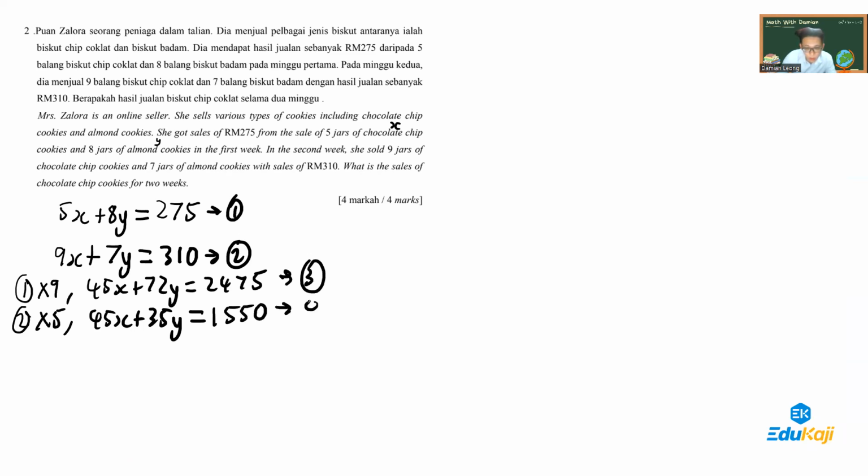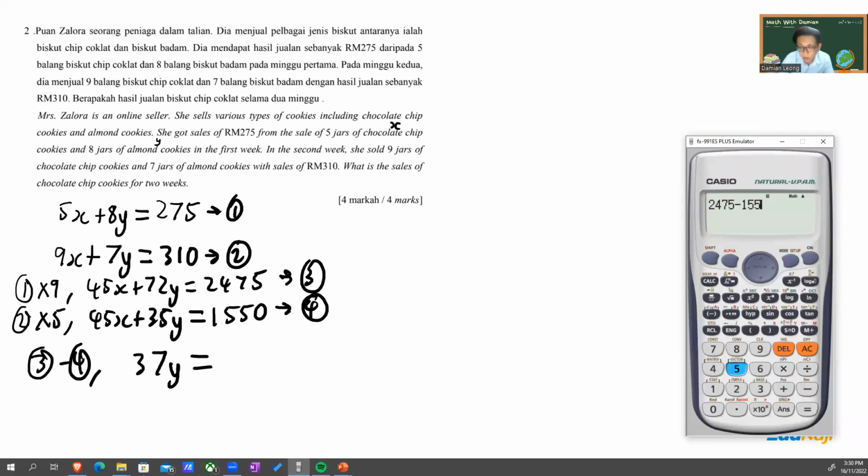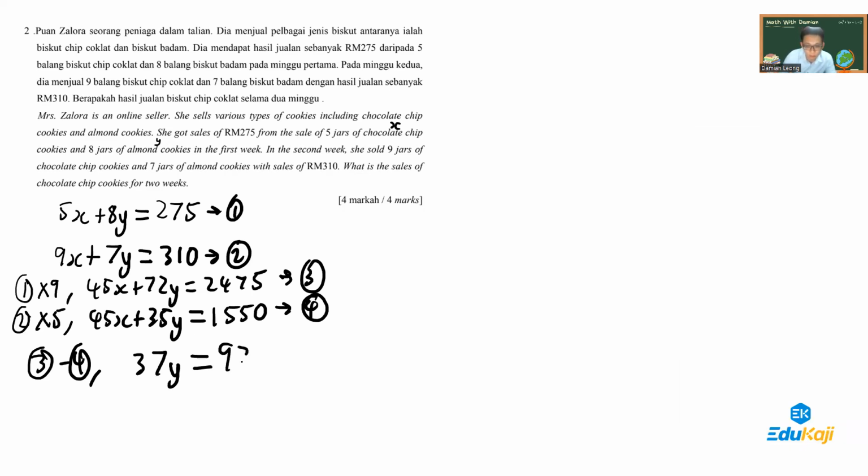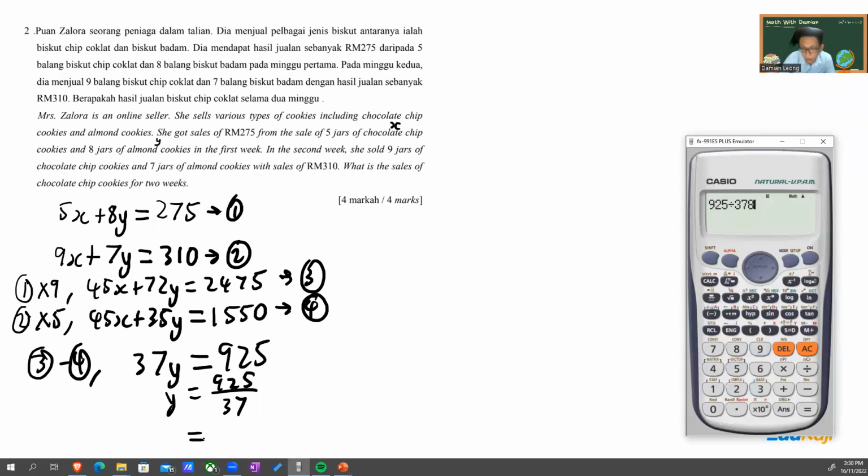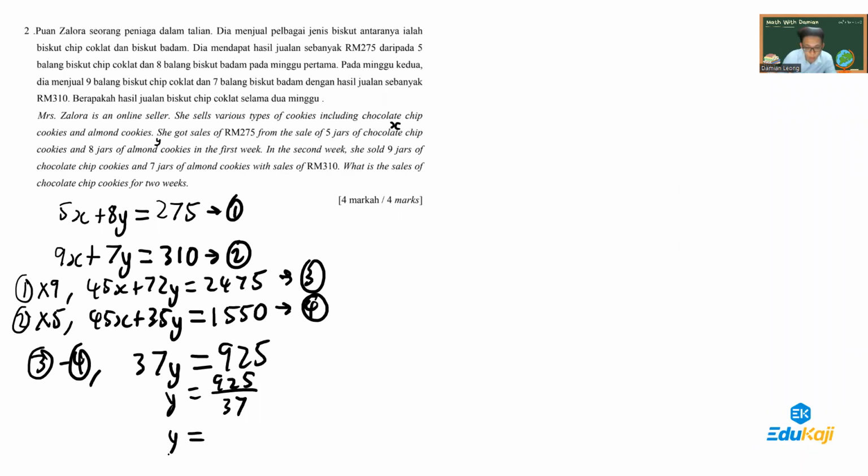Equation 3, equation 4. I can take equation 3 minus equation 4. 45x minus 45x is 0. 72y minus 35y is 37y, equals 2475 minus 1550, which is 925. So to get rid of the 37, I divide by 37. y is 25. Then I find x. Substitute back the y value into any of the equations.